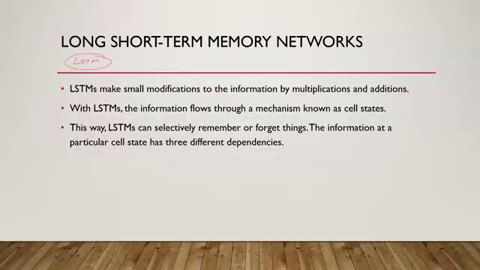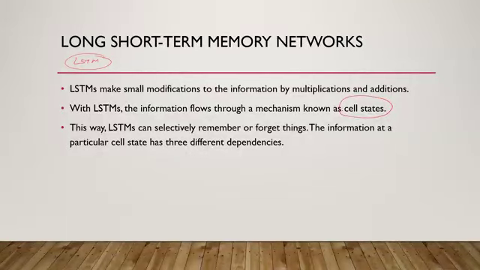So here the information flows through a mechanism known as cell states. Here you have to think about it like this: if you are passing certain information, this network will understand whether this information is useful or not.